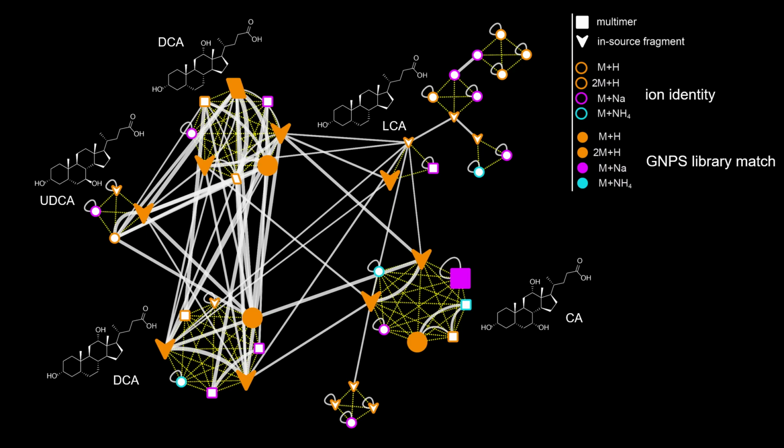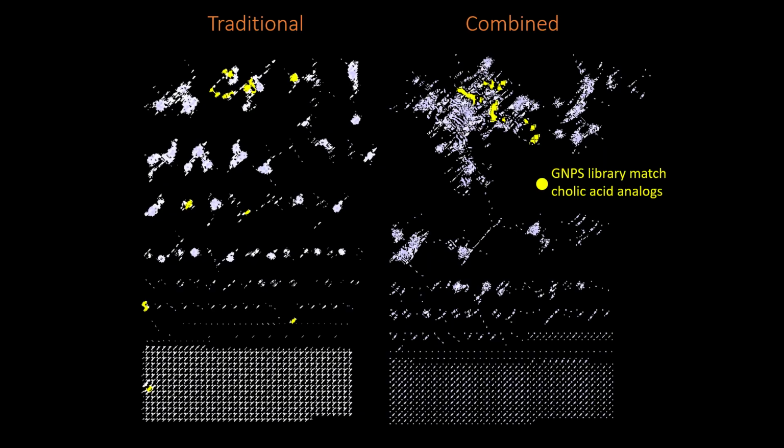And if we apply this to a bigger data set, so we have some isolates and some fecal samples, and we only look for cholic acid analogs, we can see in the traditional feature-based molecular networking, we have multiple medium-sized networks, we have singular nodes, and the yellow nodes here are all the cholic acid analogs, and they are just scattered around in small networks and everywhere.